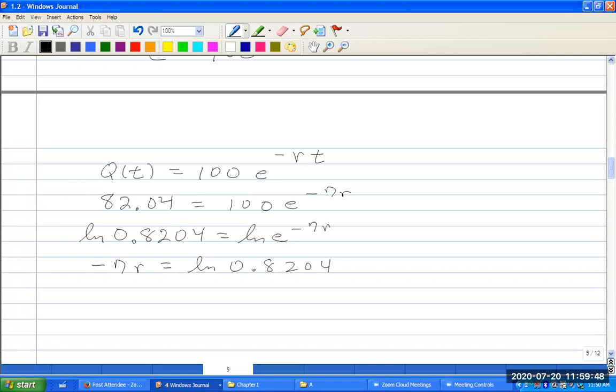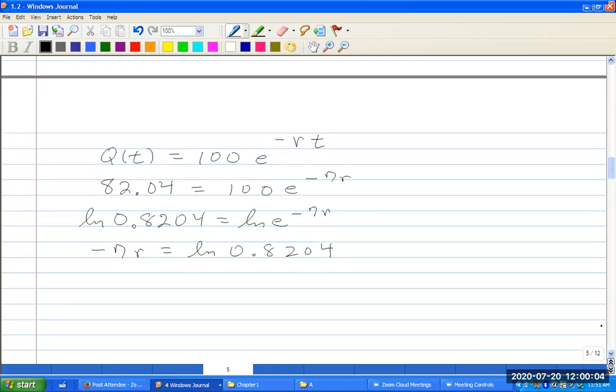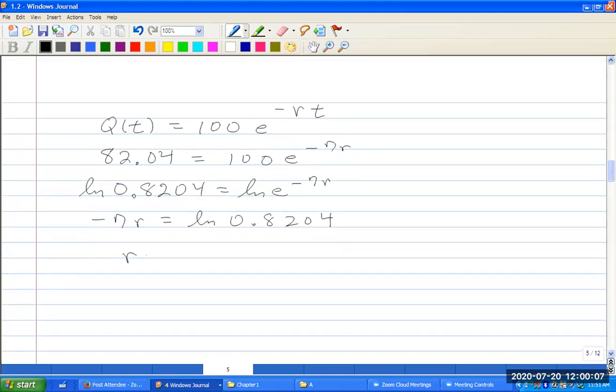So divide both sides of your equation by -7. And so r is equal to ln 0.8204, all divided by -7. So that's what r is equal to.